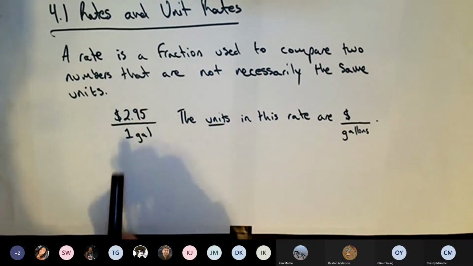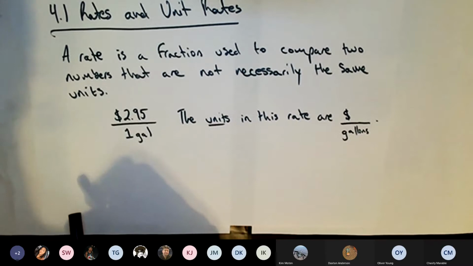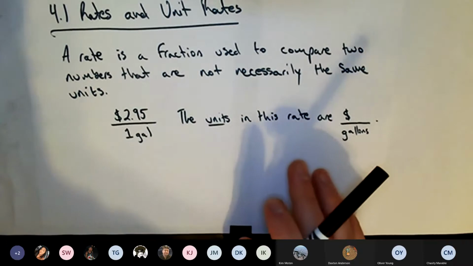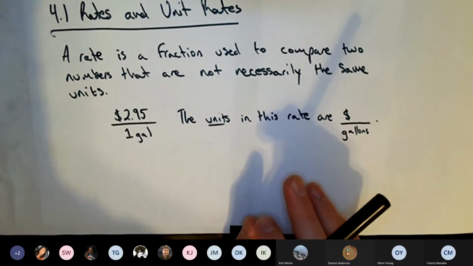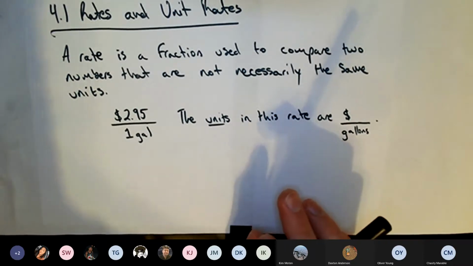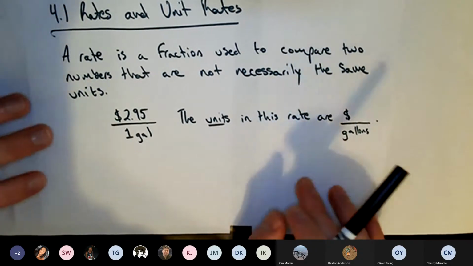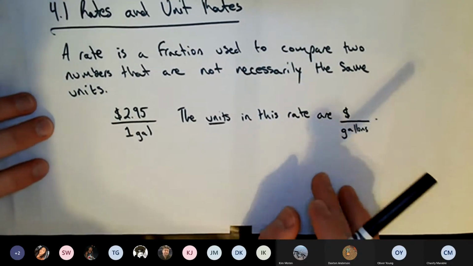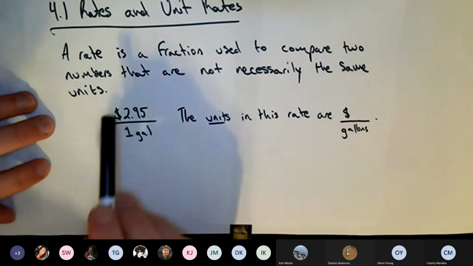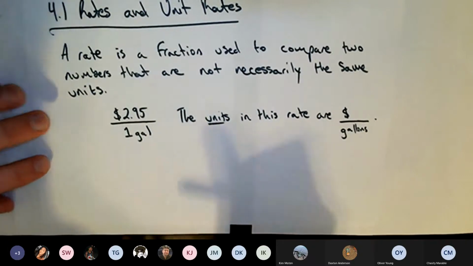And the order of the ratio is important too, by the way. So in the homework, they'll tell you something like, the cost of gas is $2.95 per 1 gallon. Write this as a rate. Then you need to make sure that you put it in the order they ask for it.